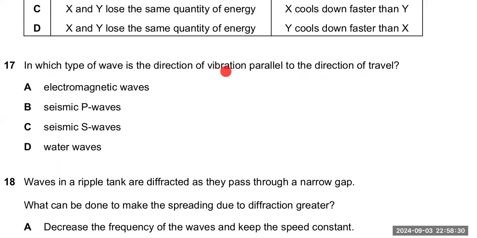In transverse waves, the particles of the medium move side by side, perpendicular to the direction of propagation of the wave. But in longitudinal waves, the particles of the medium move backward and forward, parallel to the direction of the wave.